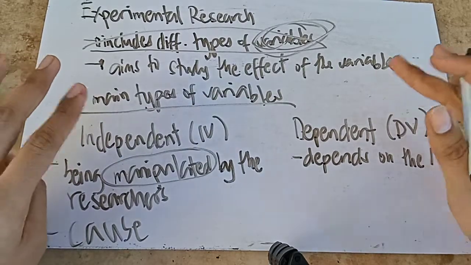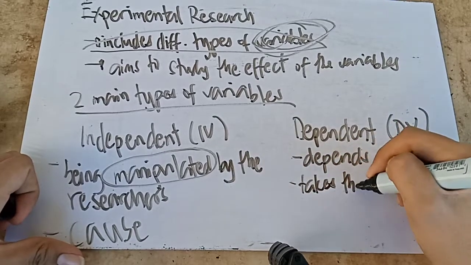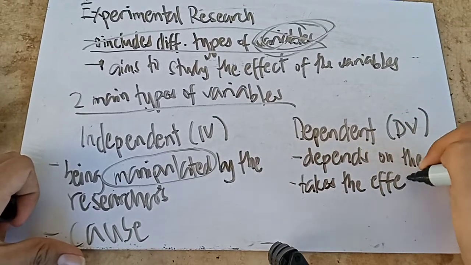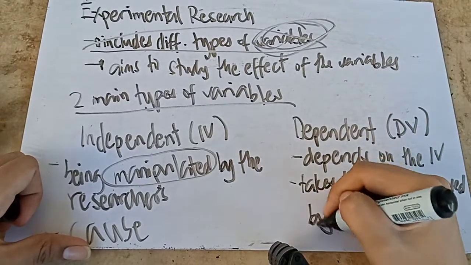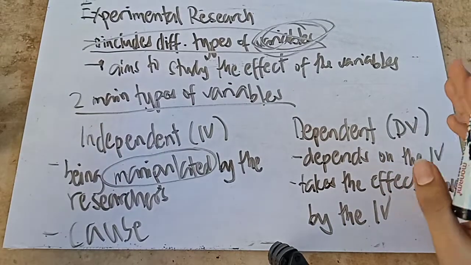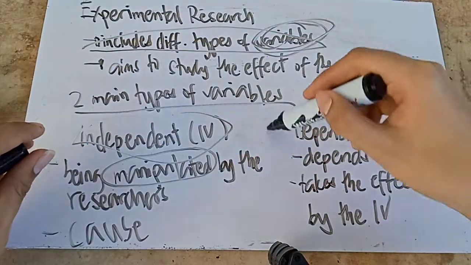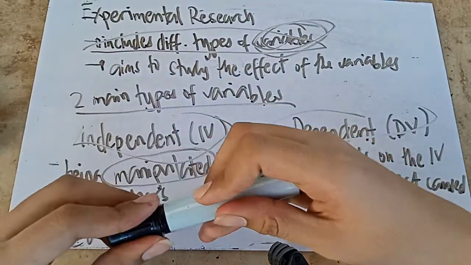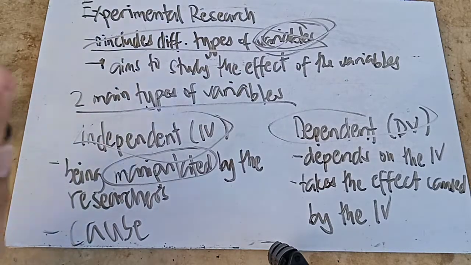And also, it is the variable that takes the effect caused by the independent variable. So that is the main difference between the two main types of variables, the independent and dependent variables.